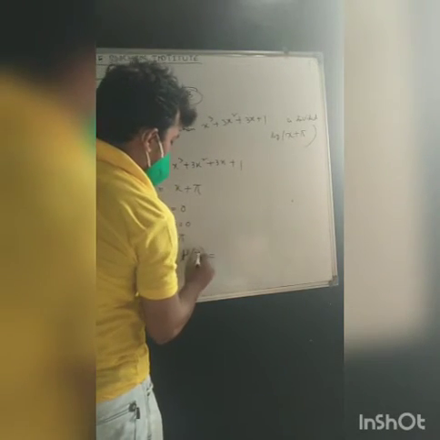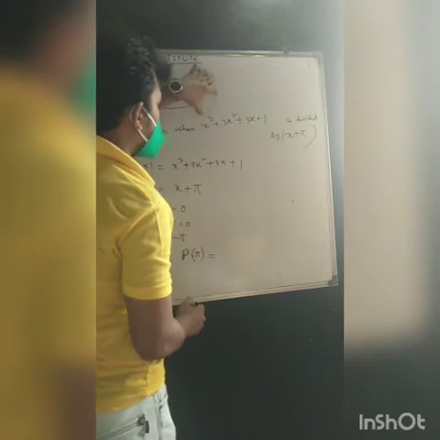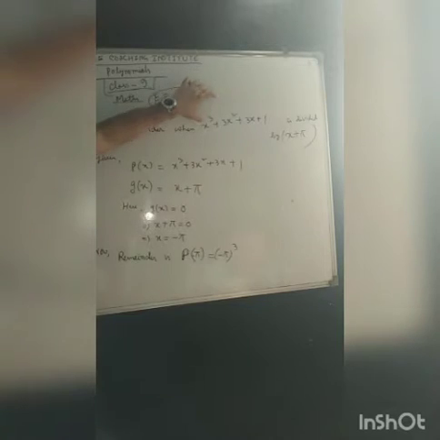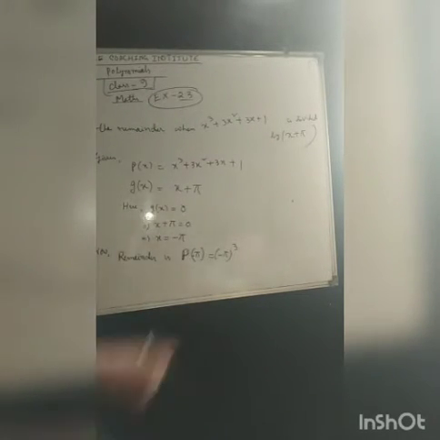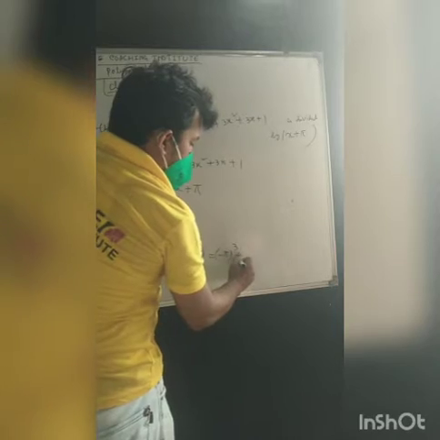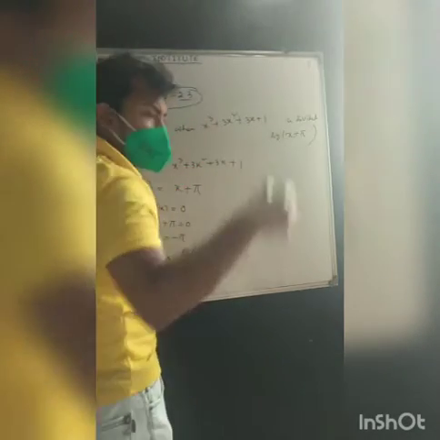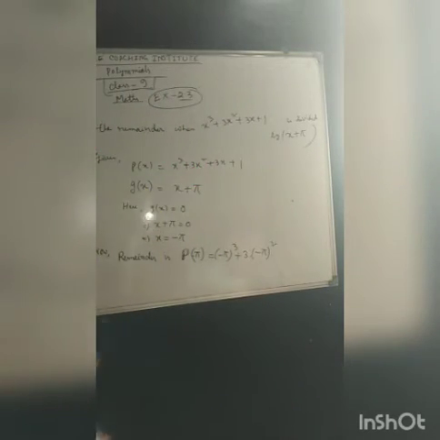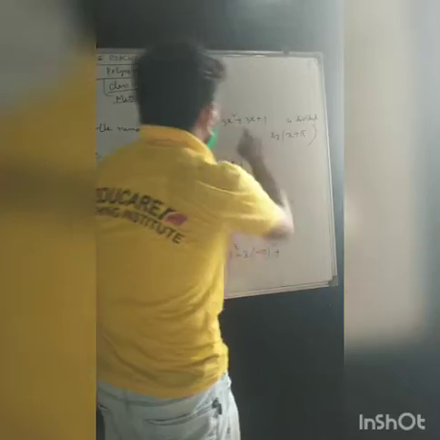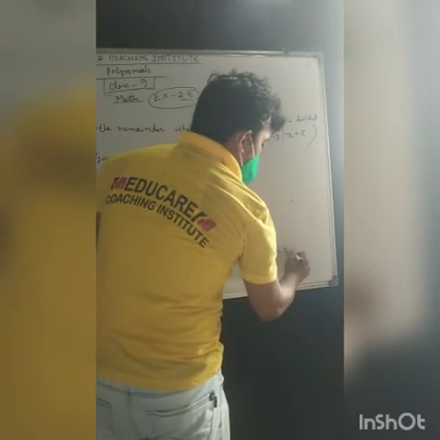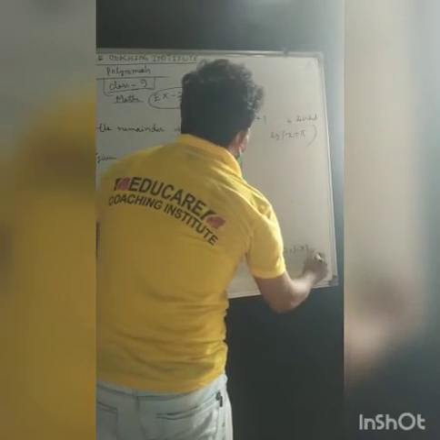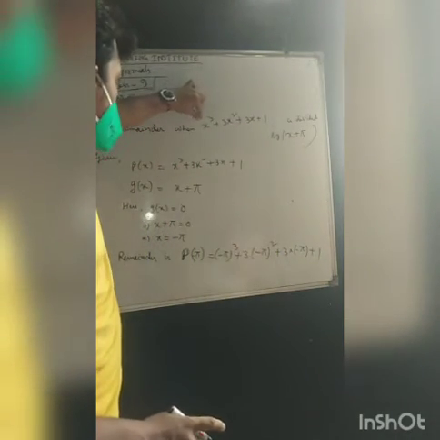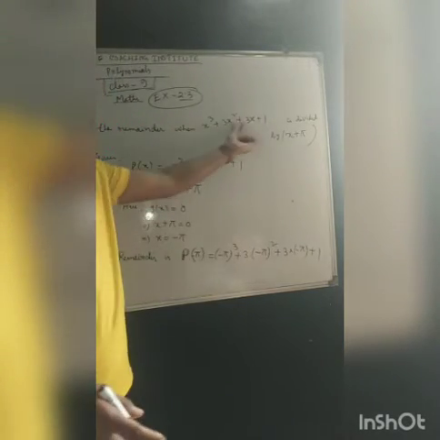P of minus pi will be minus pi whole cube for x cube, plus 3 into x square, that is 3 into minus pi whole square, plus 3 into x, that means 3 into minus pi, plus 1. Clear? We have just put the value of x equals minus pi in place of x.